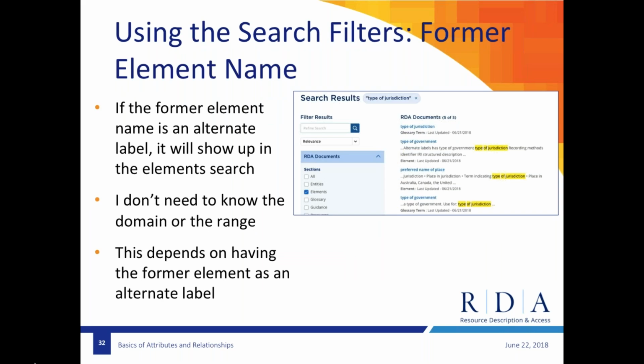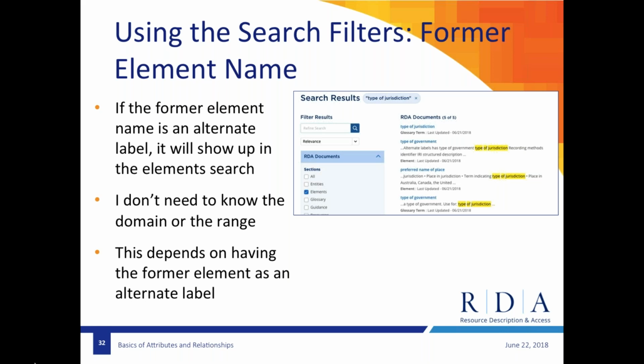Now, "author of" isn't a good example because it's exactly the same. But let's say that the name of the element has changed, and I don't know what the new name is, but I know that the name from the original toolkit is "type of jurisdiction." So if I did a phrase search and filtered by elements, I would get a couple of hits.